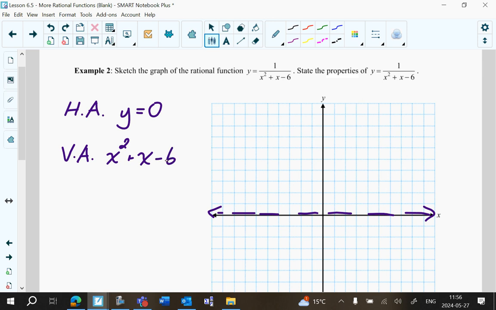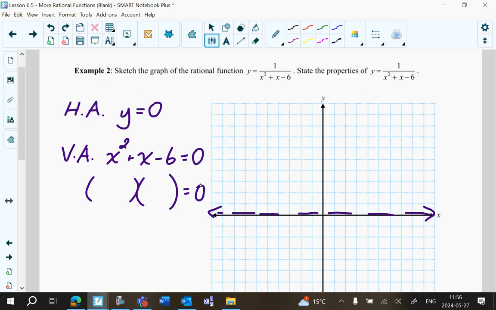x squared plus x minus 6 equals 0. How do I solve that? You've got to factor. When there's an x term, you've got to factor. I think we're going to have to do quite a bit of practice on some quadratic equations.